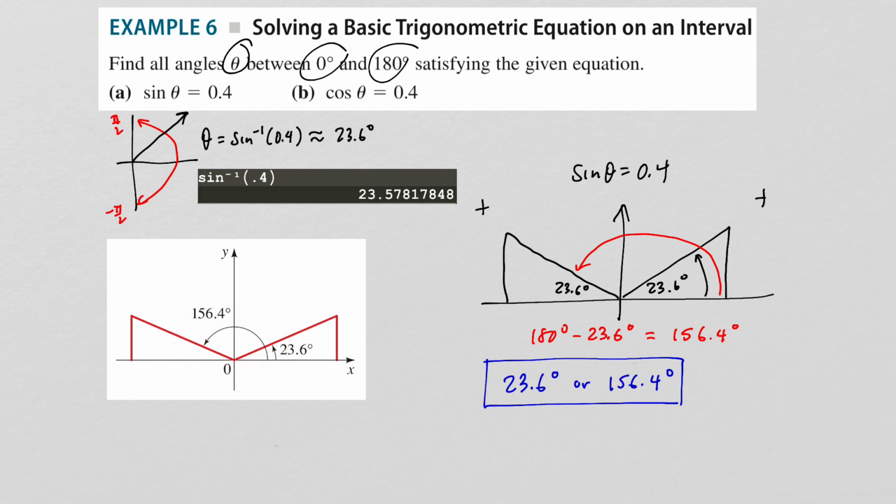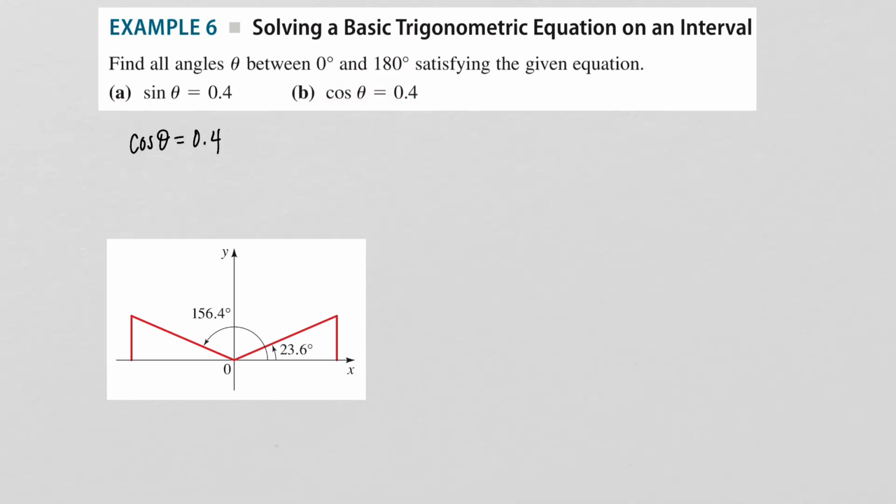Nice picture. Now for the second part, we want cosine of theta to be 0.4. So to solve for where this is true, recall that the inverse cosine function is going to give you an angle in the first or second quadrant. However, we know that cosine is only positive in the first quadrant. So we're looking for this angle theta here.